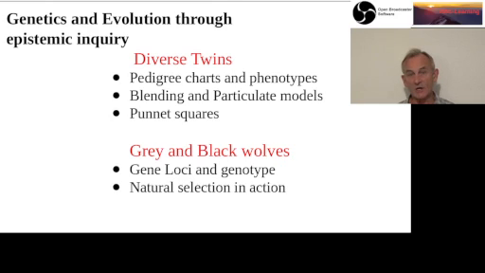We'll look at concepts like the gene loci and genotype to explain this. And then we'll see that the geographical distribution of these black wolves in North America and in northern Italy in particular tell us a lot about the role of natural selection and the way genetics is bound into that.